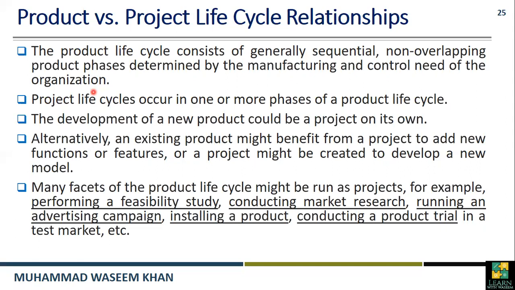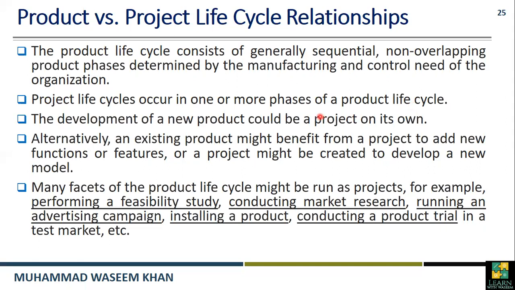Okay. Now, project life cycles occur in one or more phases of a product life cycle. That means a product life cycle covers producing the product, using the product, and its disposal or expiration.